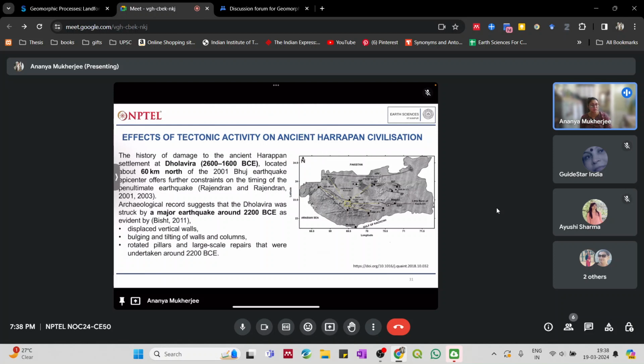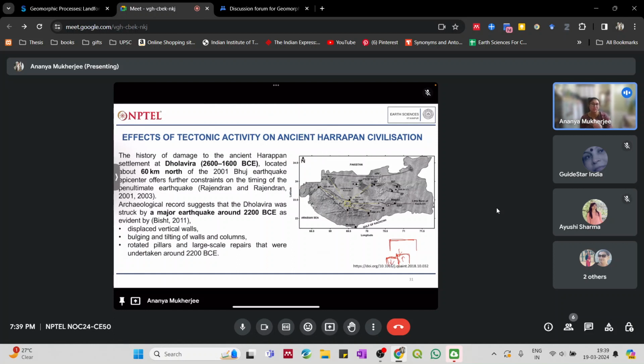So if the walls initially were constructed like this, after the earthquake there would be a displacement, either at an angle or vertical. So you can see which part of the land was upthrown and which was downthrown. So this vertical displacement in the walls can signify the occurrence of an earthquake event.